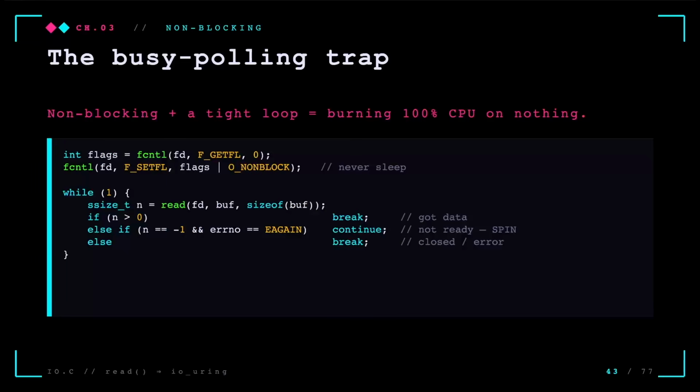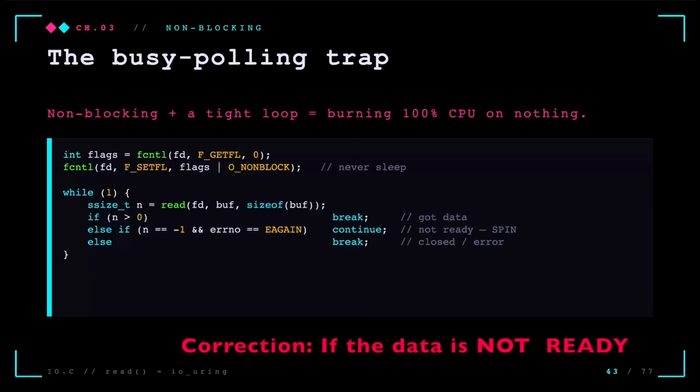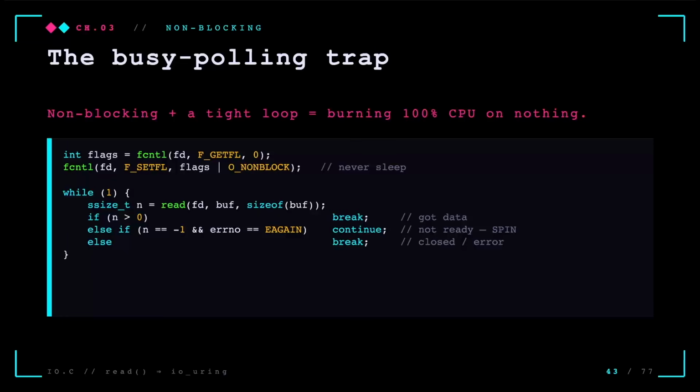This concept may lead to a misconception that you can just keep looping until the data is ready. This is not a great idea. Let's say this file descriptor comes from a network socket, and we're waiting for client data, and we're just reading and reading and reading, and the client simply hasn't sent any data.